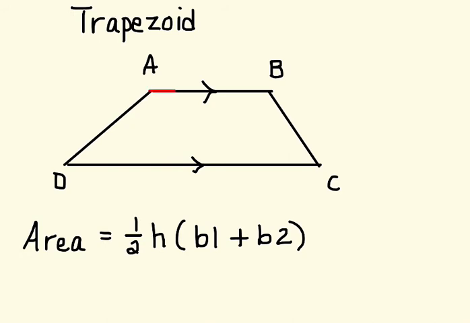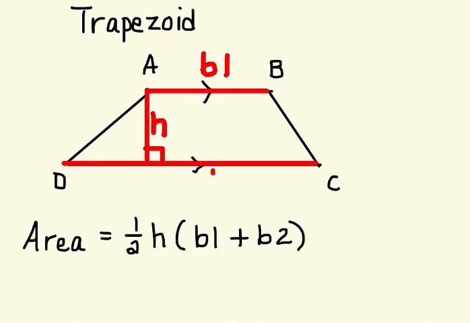Here's one base. Let me make this a little bit thicker. AB is a base and DC is a base. These are the two bases. And the height, well, if we take from A, drop down perpendicular, that gives us the height. So here's the height. We can call this one base 1 and the other base 2. And that's how we get the area of a trapezoid.